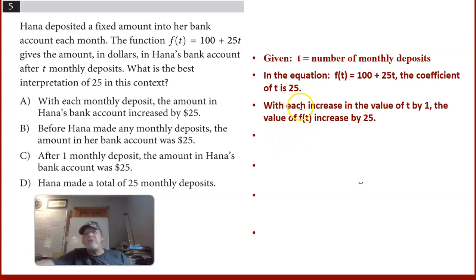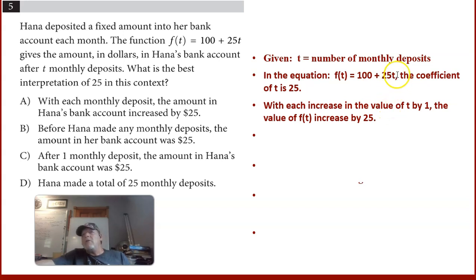So as each increase in the value of t by 1, so when t goes up each time, the value of f of t will increase by 25. What does that mean? So if t is 1, then it's just going to be 25 times 1 plus 100. If t is 2, 25 times 2 plus 100.